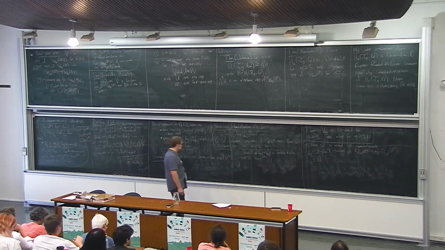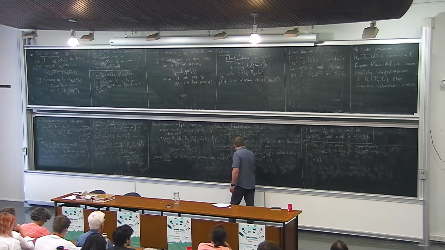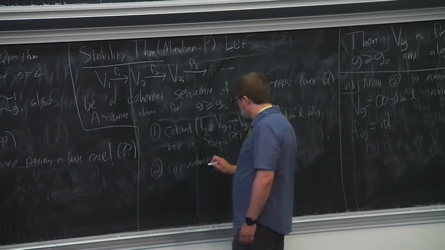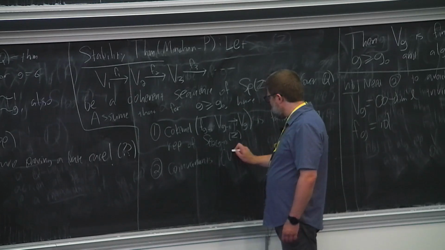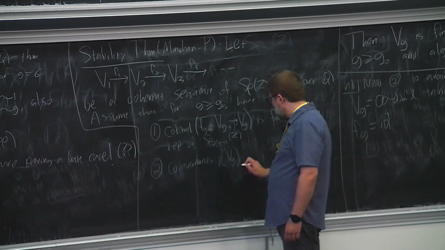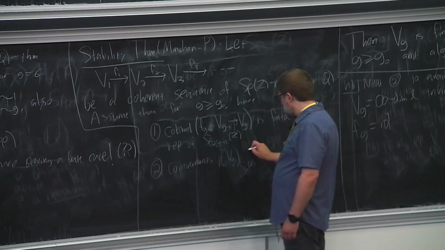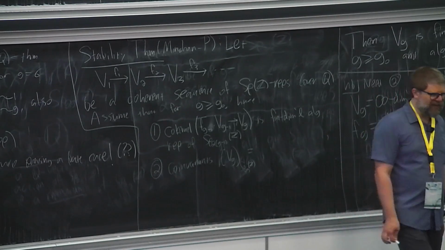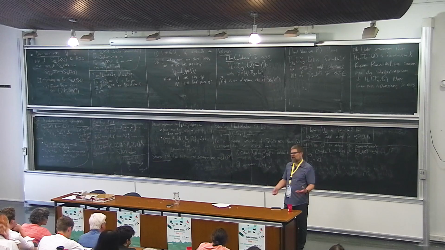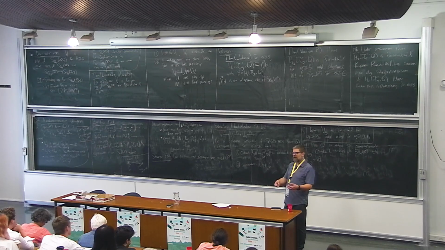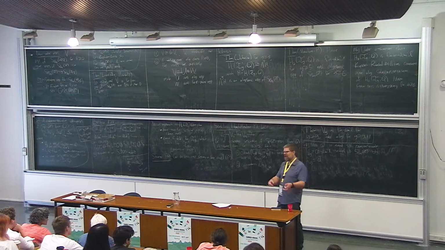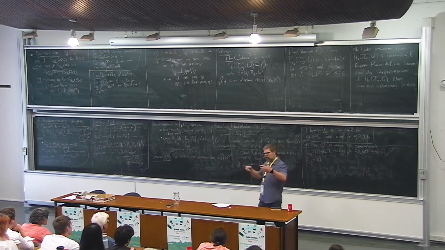And the condition we need is that the co-invariants, we take V sub g, and we kill off the Sp_{2g}(Z) action. Now, you probably are more familiar with the invariants of a group acting on a vector space. You just take the things that are fixed, right? The co-invariants are like dual to that. Instead of taking the largest subthing that's fixed, you take the largest quotient that's fixed.